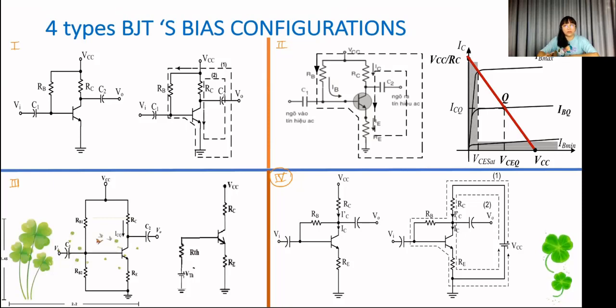These circuits are popular in industry because they have resistor collector feedback. You can see in the picture. On our course there are only 4, but configurations 1, 2, 3 are very popular. And in our examination, we include only the first, the second, and the third.